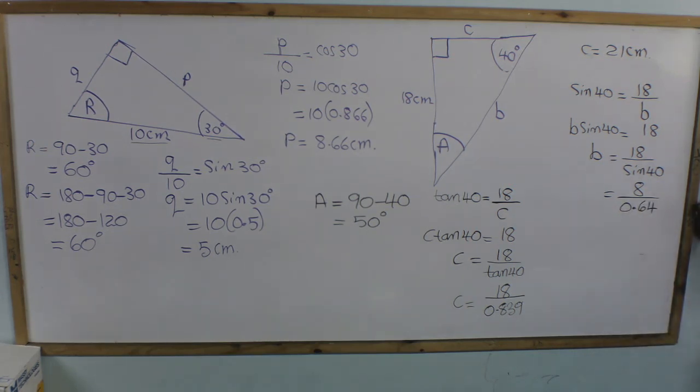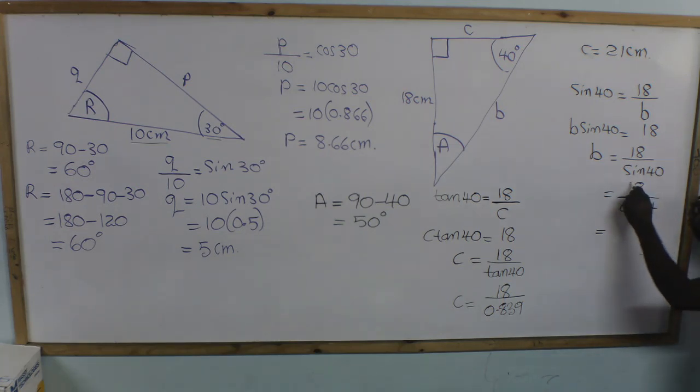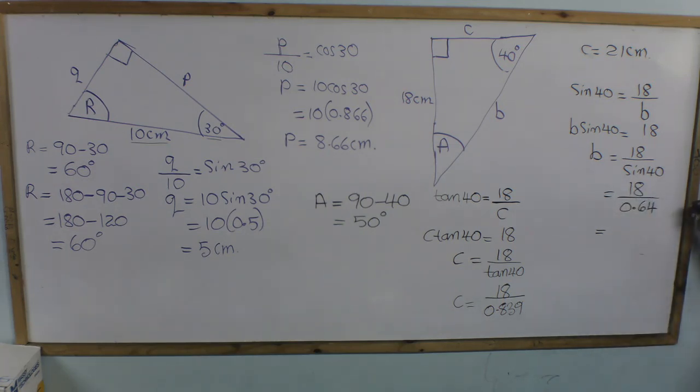Sine 40 is 0.64. I know the most popular ones. Alright, look at this now. Which number is this close to that will give you an approximation? If this is 18, it's close to 6, right? And 6 into 18 is 3.